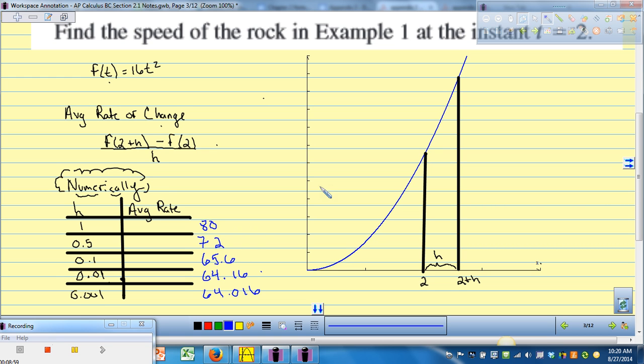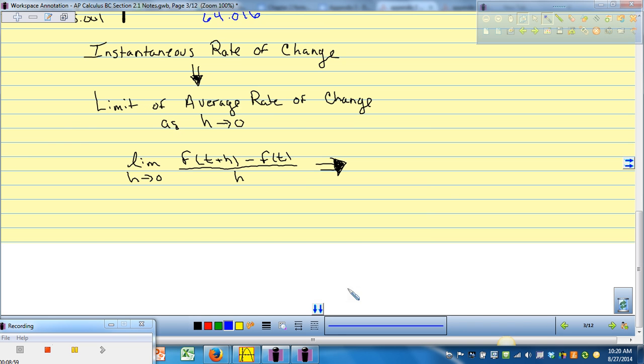So the instantaneous rate of change is the limit of the average rate of change as h goes to 0. So it is the limit as h goes to 0 of that difference quotient. Now, Daisy, what is that called? The derivative.